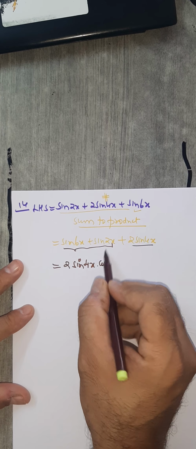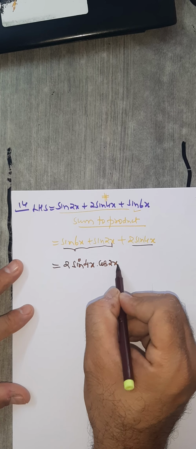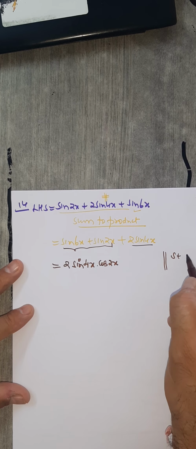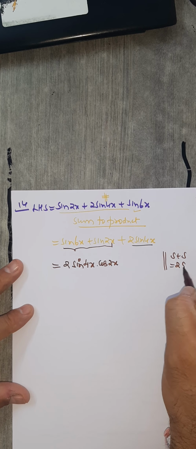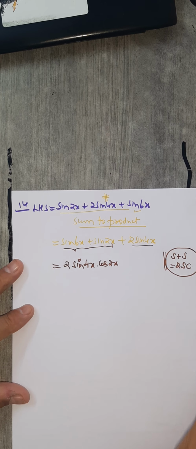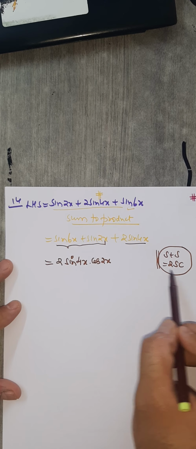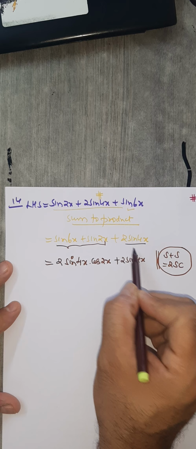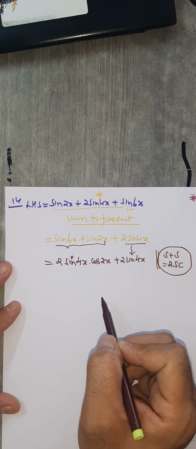So cosine 2x. Which formula have I used here? I've used S plus S equals 2SC. I've used this, remember. Twice sine 4x as it is. The last term I've just copied.